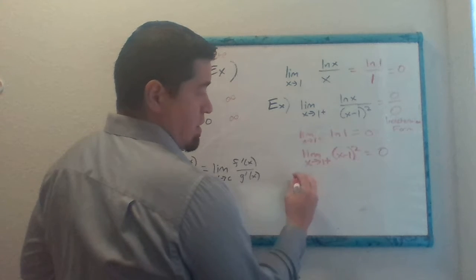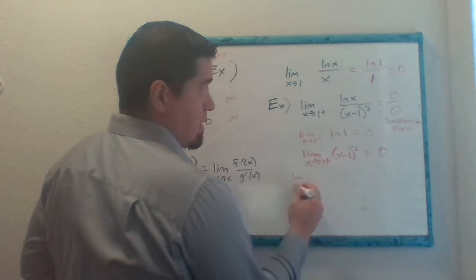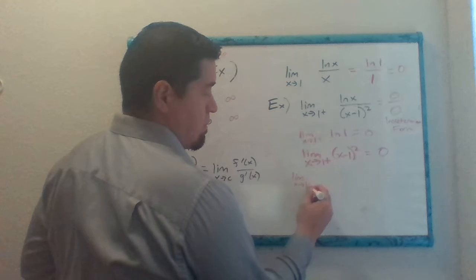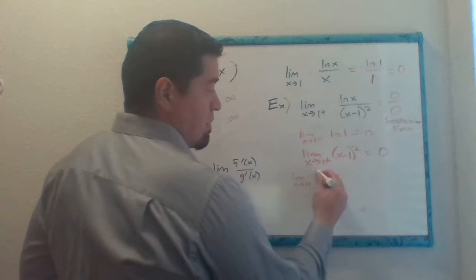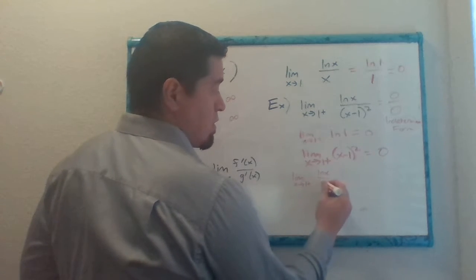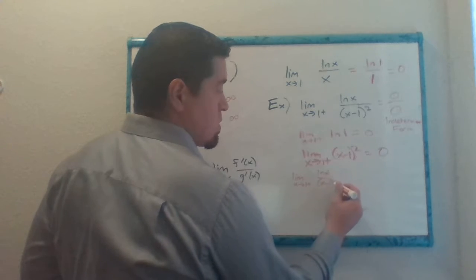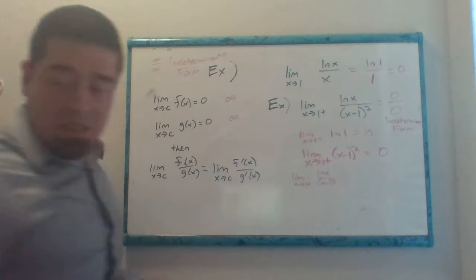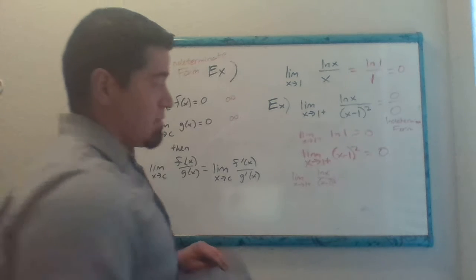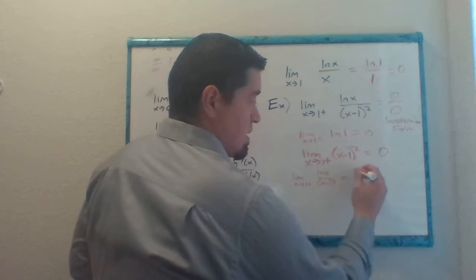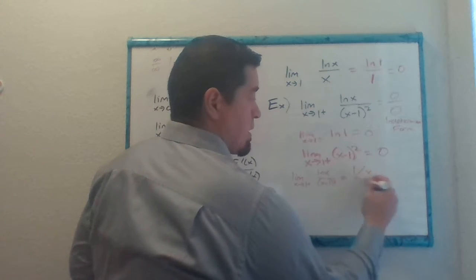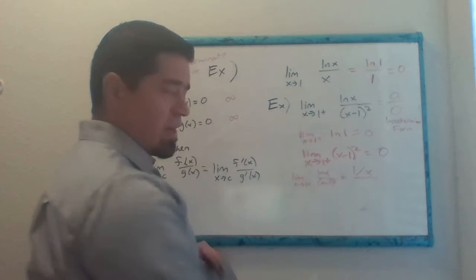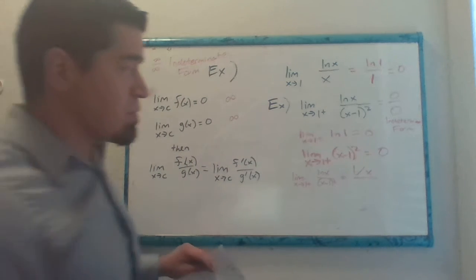So I'm just going to rewrite the limit. Limit as x approaches 1 from the right of ln x over x minus 1 squared. So what's the derivative of ln x? Well, we know that's 1 over x. And what's the derivative of x minus 1 squared?